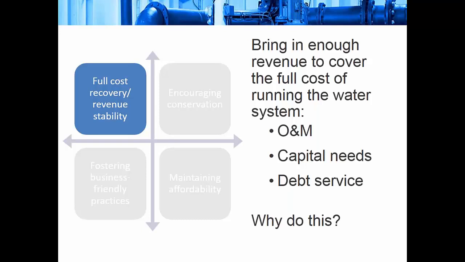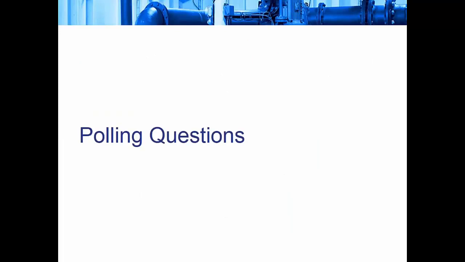If they have debt service, maybe enough for that, but not always enough for those future capital needs. And so when we're thinking about pricing water, we want to price it in a way that allows us to have the money we need today and into the future to make sure that our infrastructure continues to function properly to provide safe water to our customers.